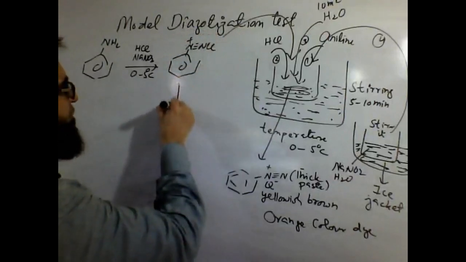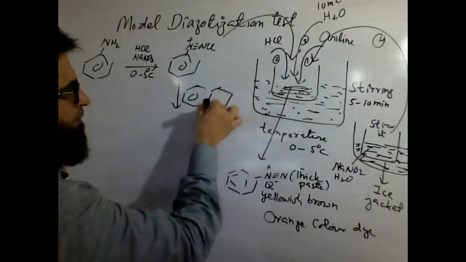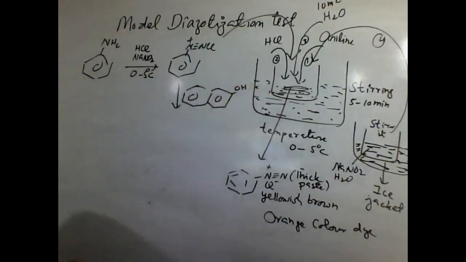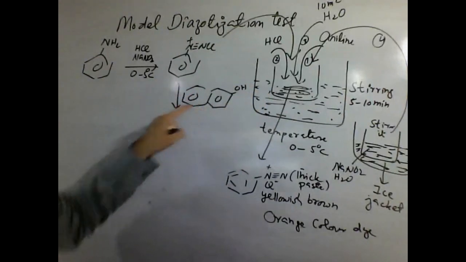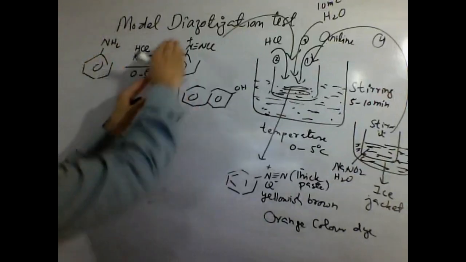Then we bring in 2-naphthol. 2-naphthol is something like that. So we put this 2-naphthol solution in 10% sodium hydroxide. So they reacted with each other.